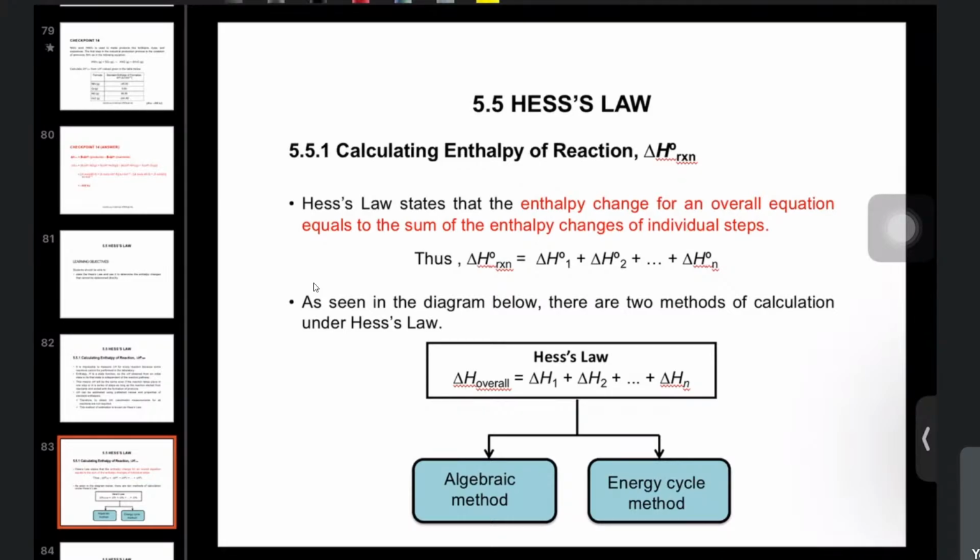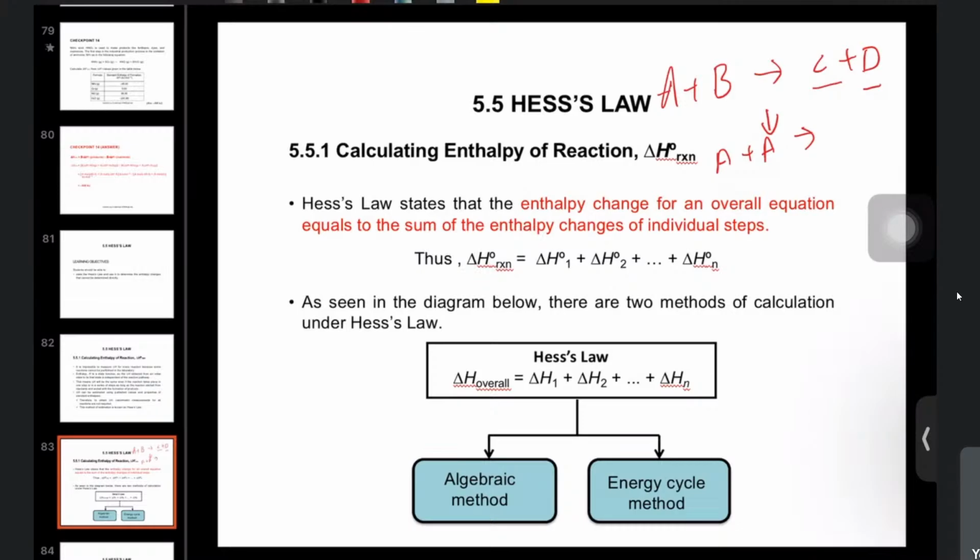Let's say you ada A plus B form C and D. Untuk A and B menghasilkan C and D, actually dia ada undergo several series of steps. Contoh maybe A plus A dahulu, barulah dia jadi C, jadi E lah contohnya. And then E plus dengan B ni barulah jadi C and D contohnya.